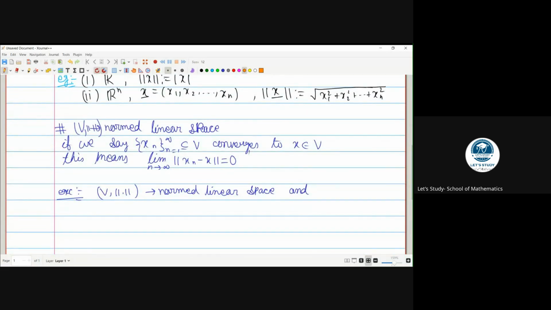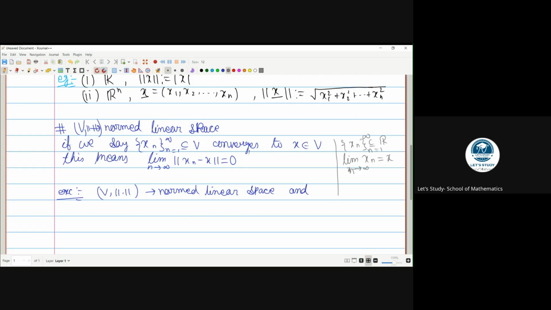Tell me one thing. Suppose xn is a sequence of real numbers. You have studied real sequences. If I say the limit as n tends to infinity of xn equals x, then we say that the sequence converges to x.